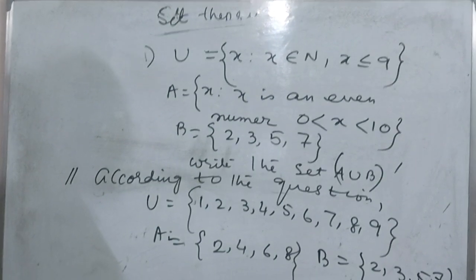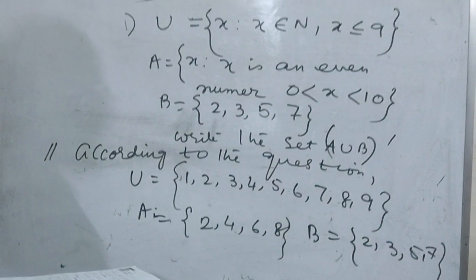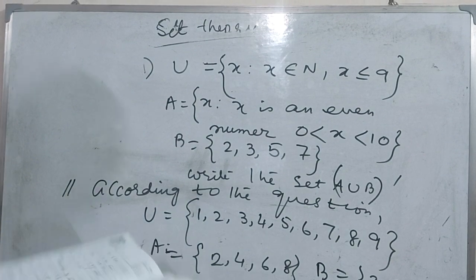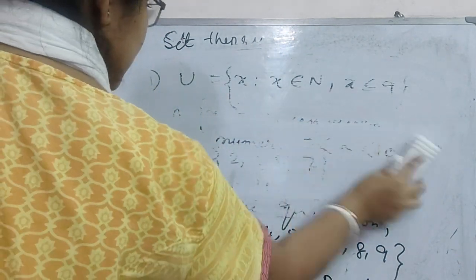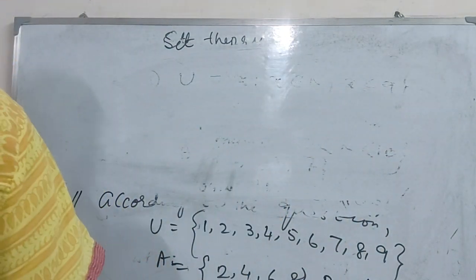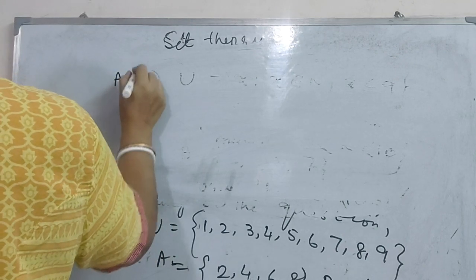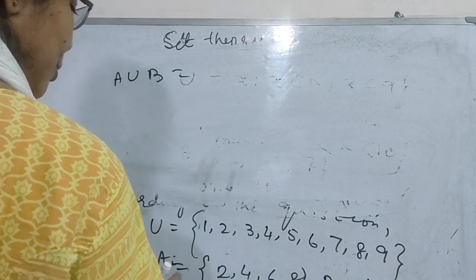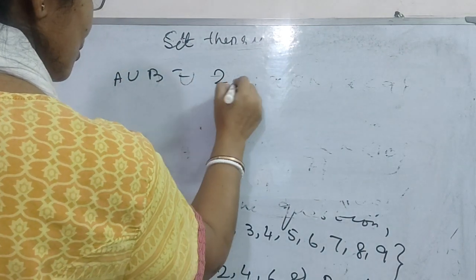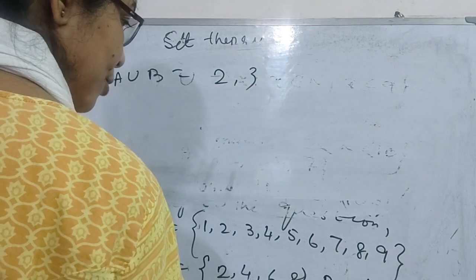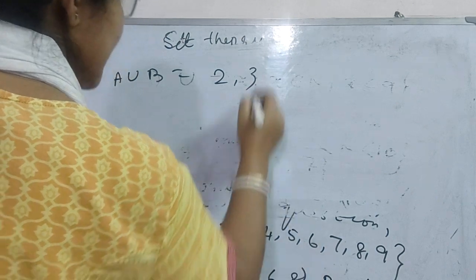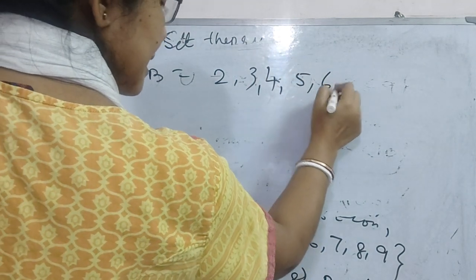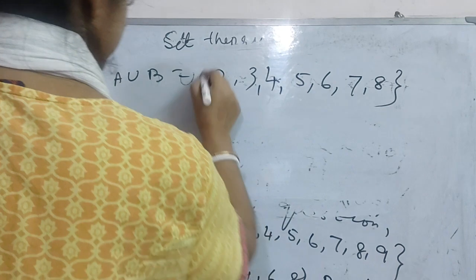Okay. So, A union B is all the elements of A and B altogether: 2, 3, 4, 5, 6, 7, 8.